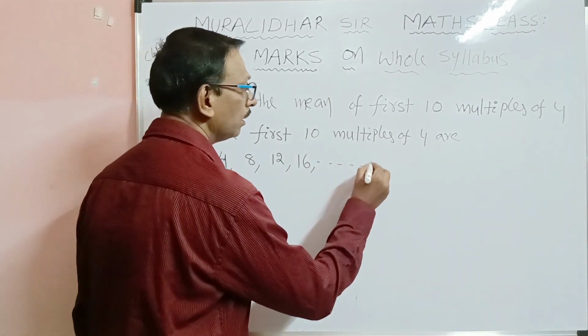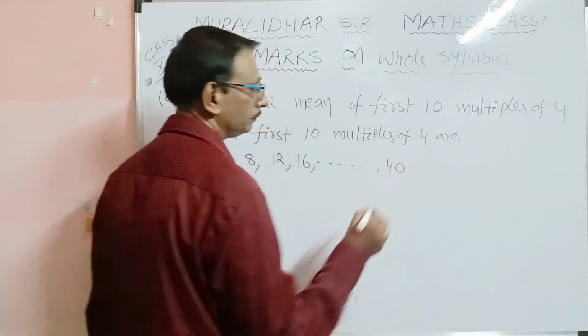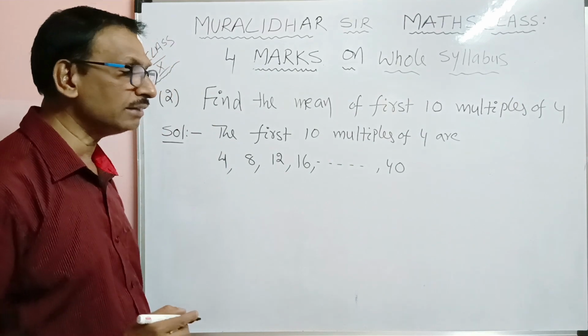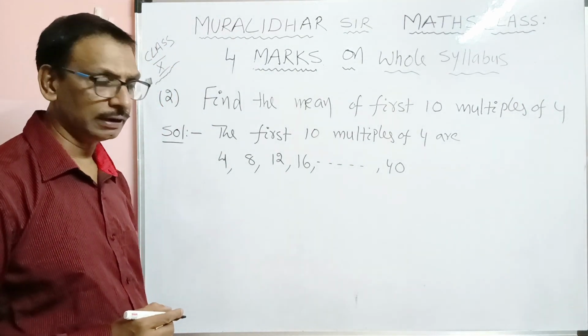And so on. 4 into 10, 40. The last one is 40. Now totally 10 multiples are there.